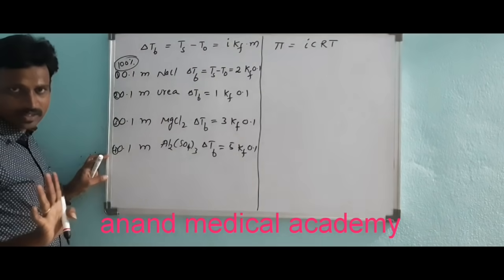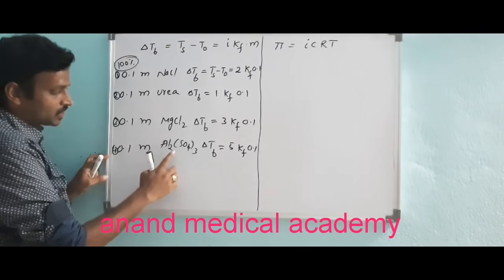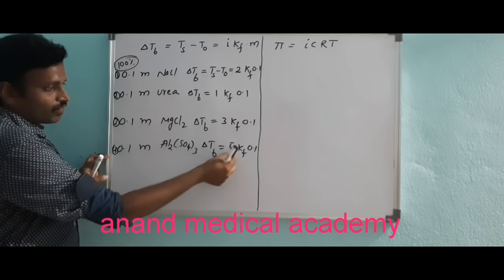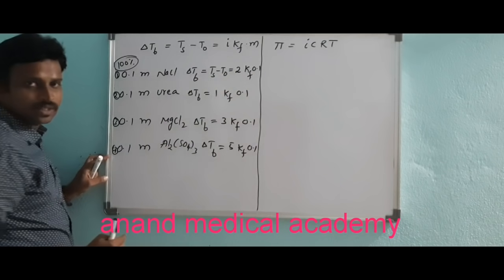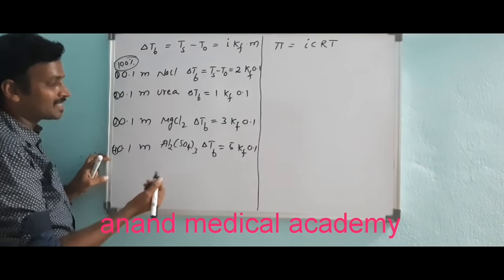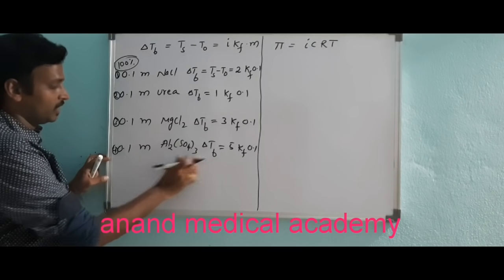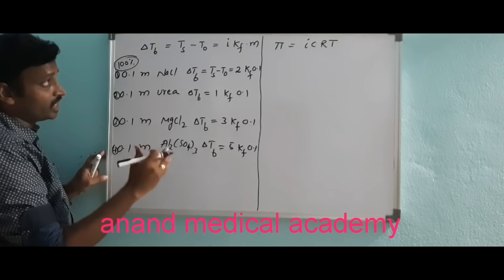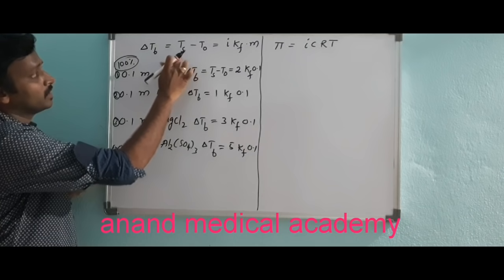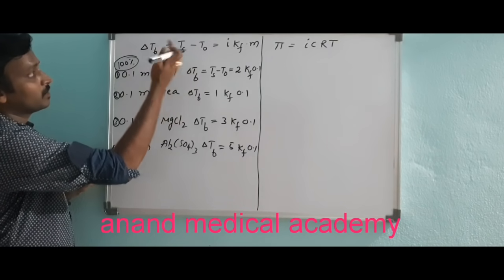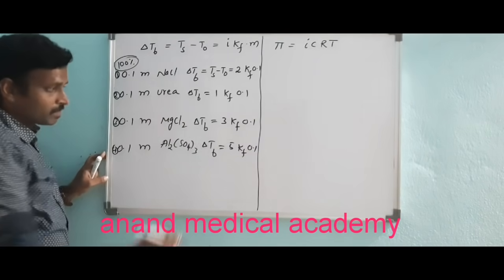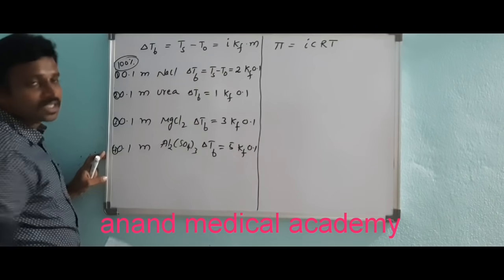They said 100%. Getting what I am saying? So here 5 ions, so 5 into this, here 3 into this, here 1 into this, here 2 into this. So the one with more elevation in boiling point is the fourth option. Which has more boiling point means Ts minus T naught. More delta Tb means more Ts, because here we are subtracting T naught.